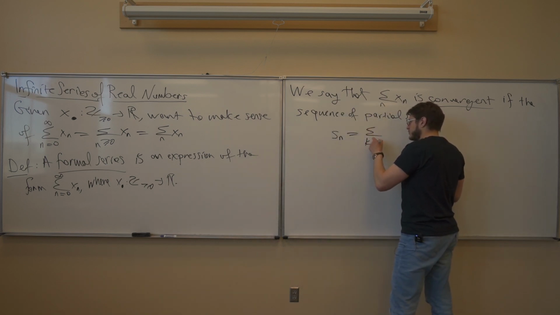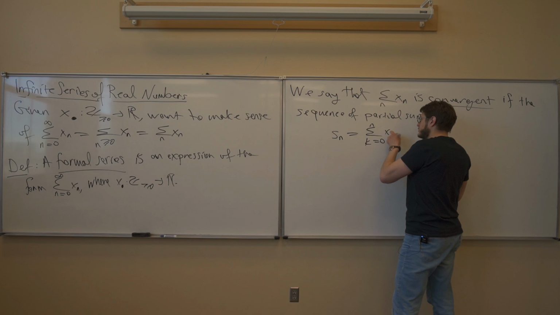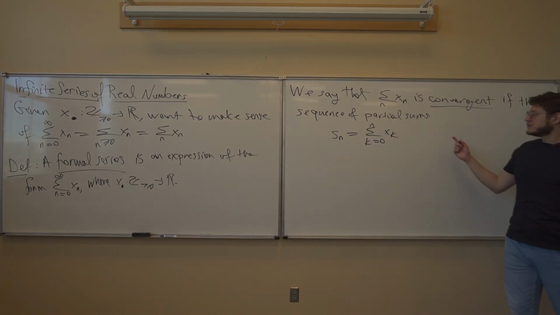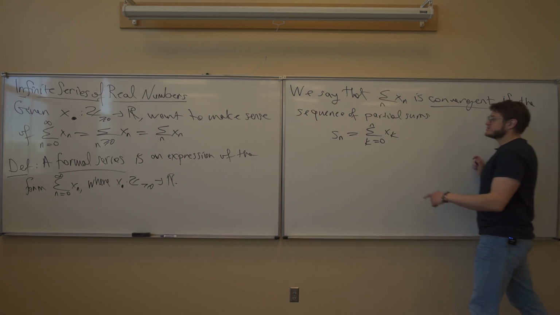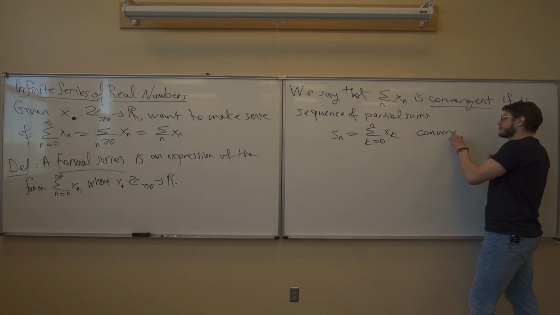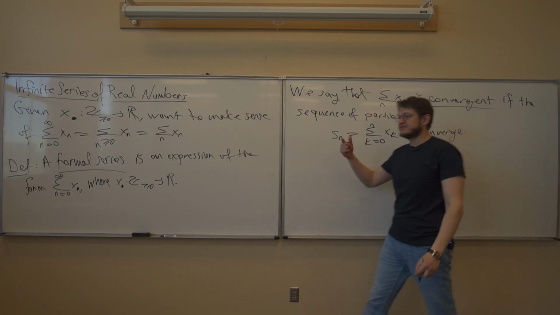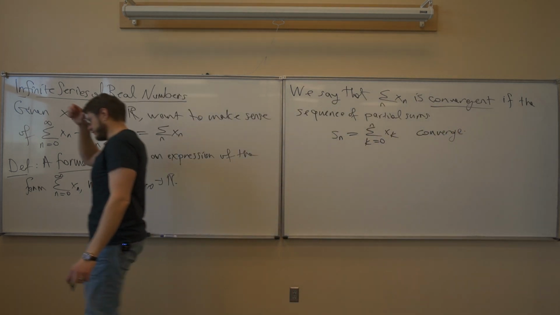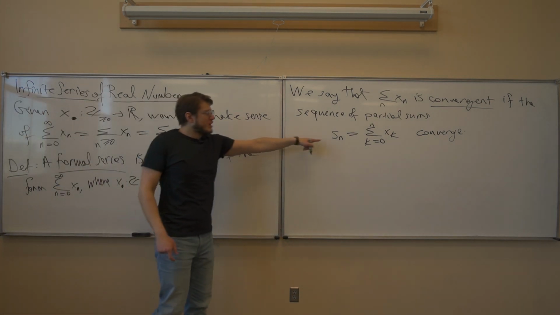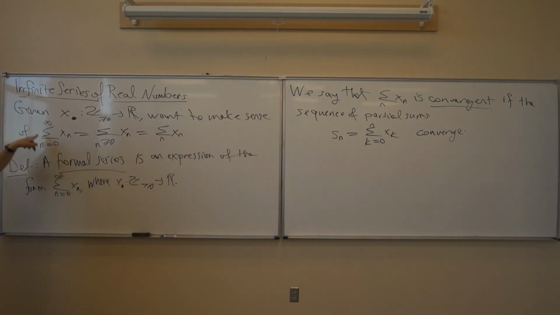So that's a sequence now. It's a different sequence of numbers. If this sequence of partial sums converges. We know what it means for a sequence of real numbers to converge. I mean it in this sense. And of course, whatever this converges to, I'm defining this infinite sum to be that.